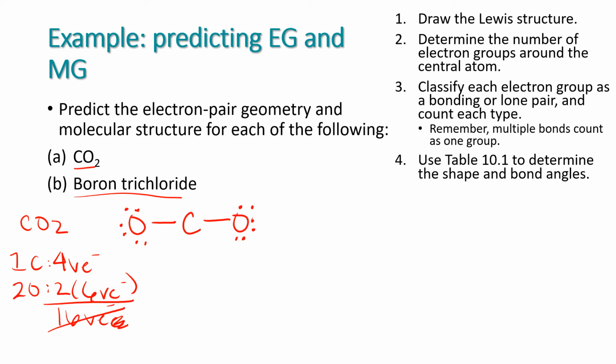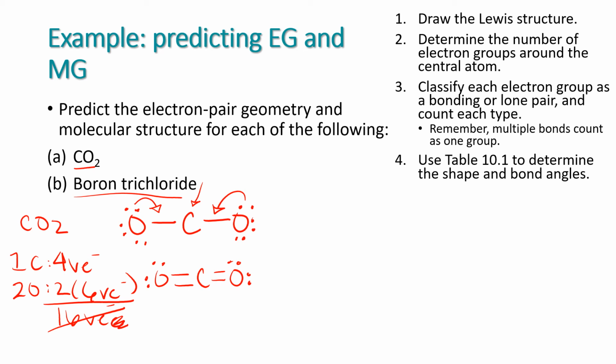But now we notice that carbon doesn't have an octet. So what we need to do is move some bonds over, and I'm actually going to move 1 and 1 bond so that we have a total of 4 bonds around carbon. And then those oxygens still have those lone pairs, and everything has an octet, everything's happy now.